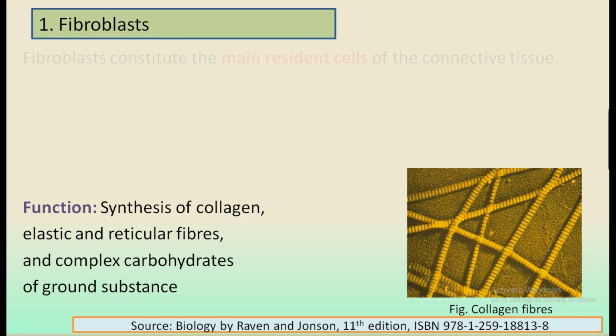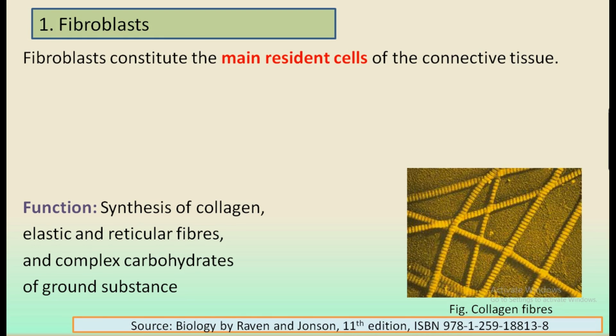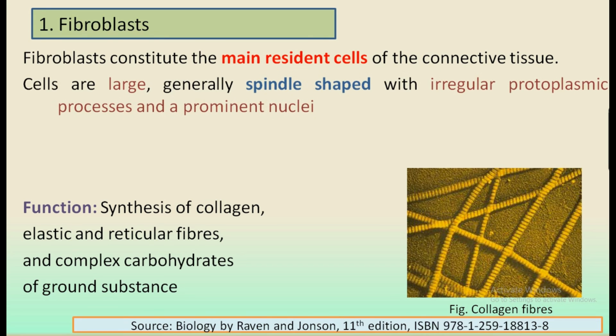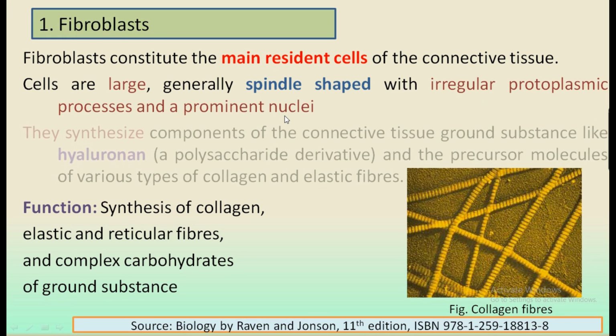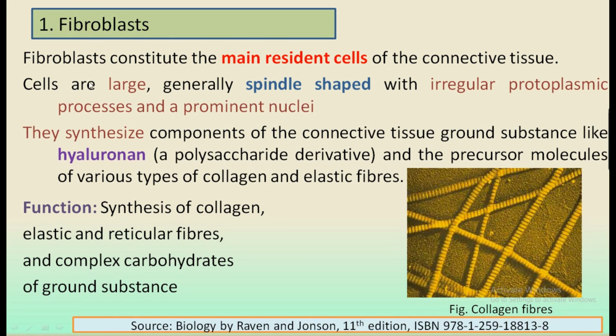So let us discuss. Fibroblasts are the main resident cells of the connective tissue, and these are large cells which are generally spindle shaped with irregular protoplasmic processes and a prominent nuclei. The function of fibroblasts is to synthesize components of the connective tissue ground substance like hyaluron, which is a polysaccharide derivative, and also the precursor molecules of various types of collagen and elastic fibers.